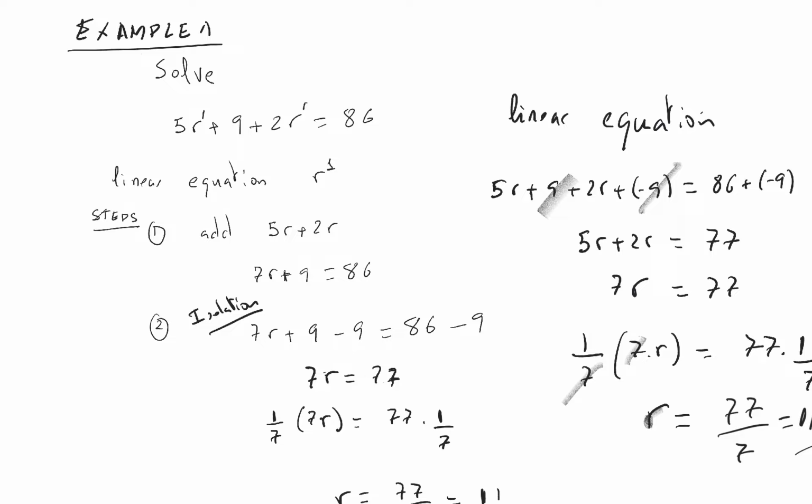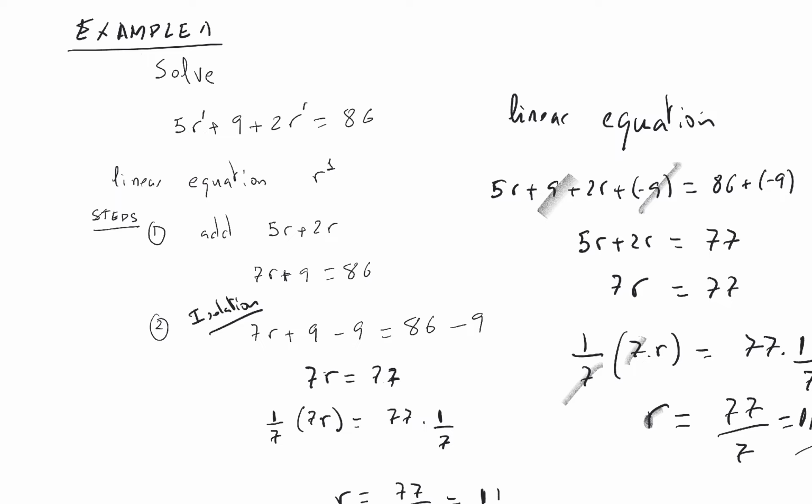So what remains to do always is to check. How will we check? R equal 11. So we insert the value r, 11, in the equation. 5 multiplied by 11 is 55.